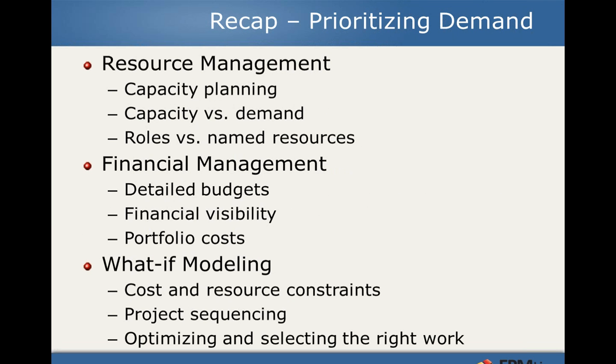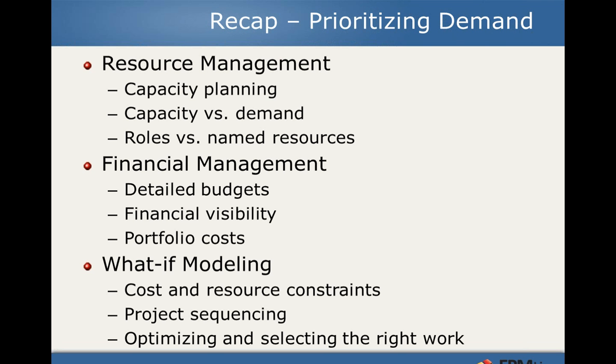We also talked about how resource management factors into prioritizing demand, where we need to fit the prioritization within our capacity. So we have to do capacity planning and then figure out the capacity versus demand trade-offs for the portfolio. And then we talked about how we can do this with role-based resourcing or named individual specific resources.